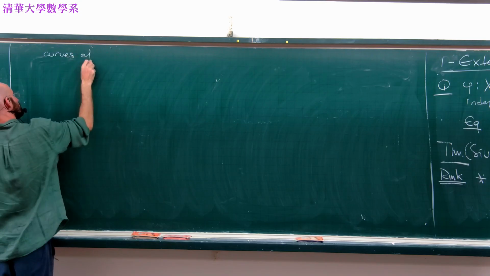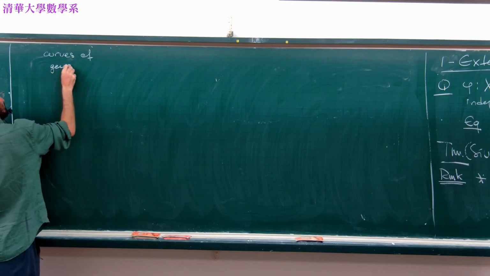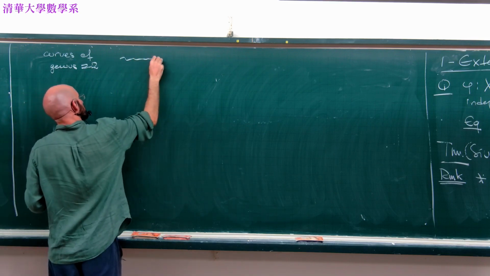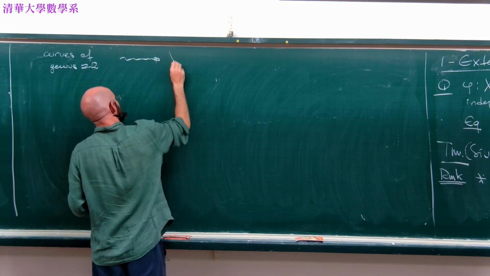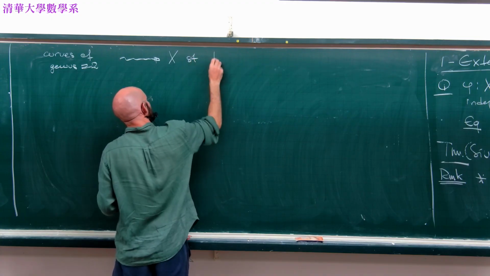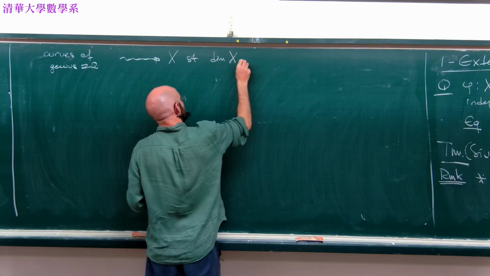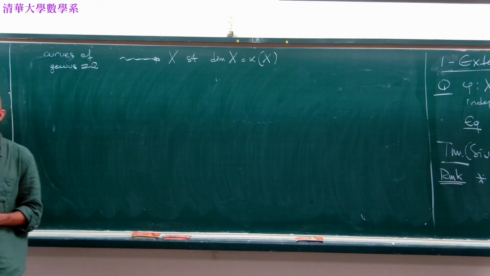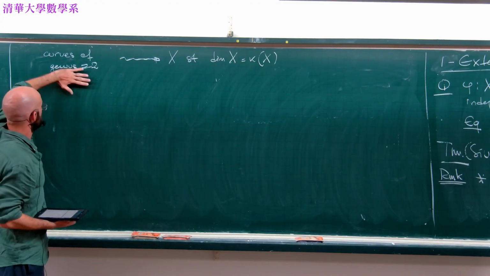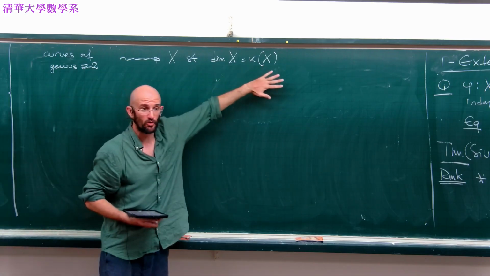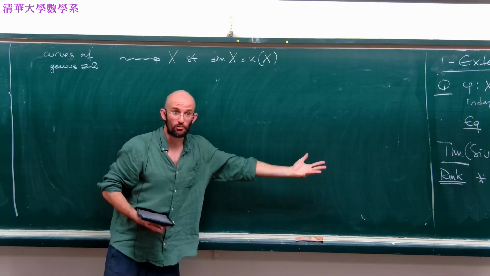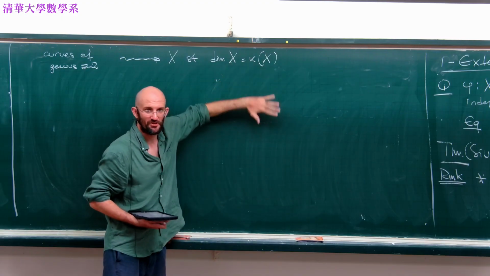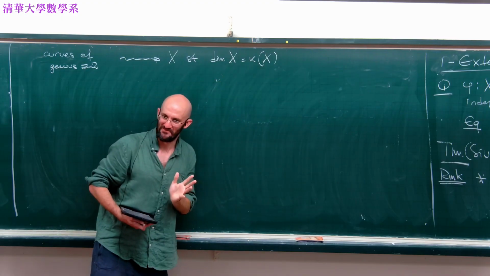Curves of genus g greater or equal than 2 correspond in higher dimension to varieties X such that the dimension of X is equal to the Kodaira dimension. So if you remember our table at the beginning, genus greater or equal than 2 corresponds to Kodaira dimension being exactly equal to the dimension, equal to 1. So these are the right generalization, except that it's not really true.